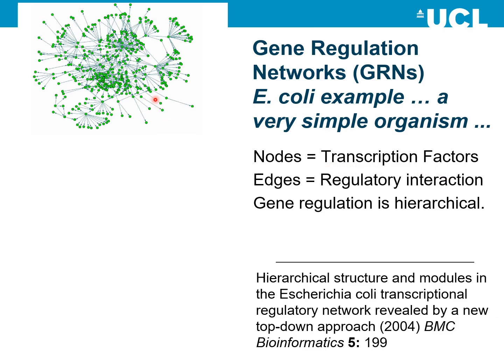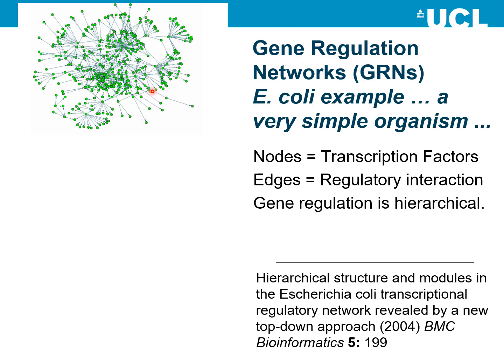These are the internal nodes representing genes which code for transcription factor proteins, which then bind onto other genes and either activate or repress them. They either increase the gene expression of these other genes or decrease it. So we have transcription factors as internal nodes, and the links represent regulatory interactions.